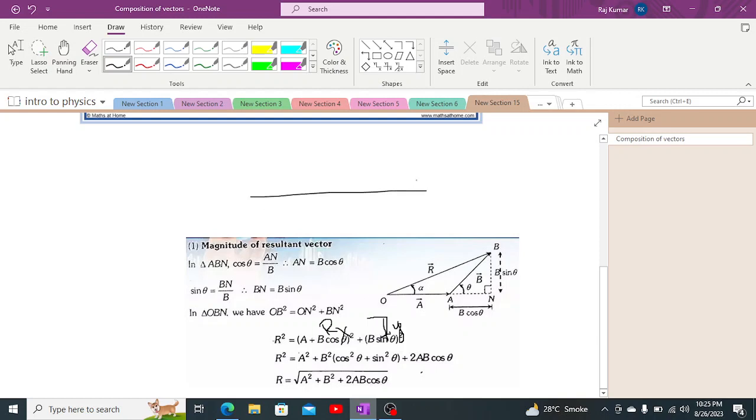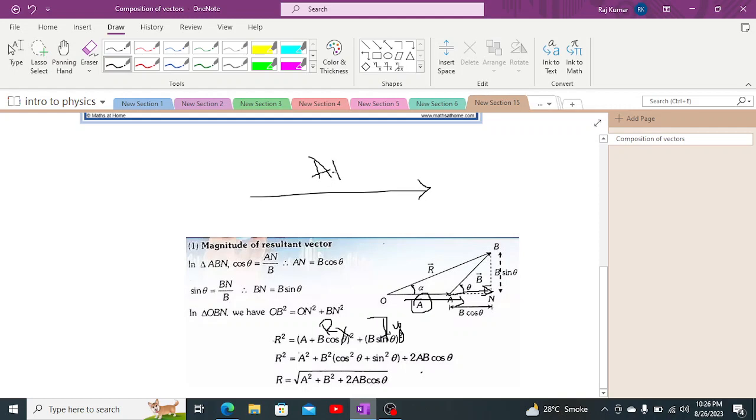The reason is that in this equation, the position vector A is in the direction of the x-axis, and the position vector B is also in the direction of the x-axis. Vector A and vector B, with magnitudes A and B, lie along the direction of the x-axis, due to which both of these should be added together.